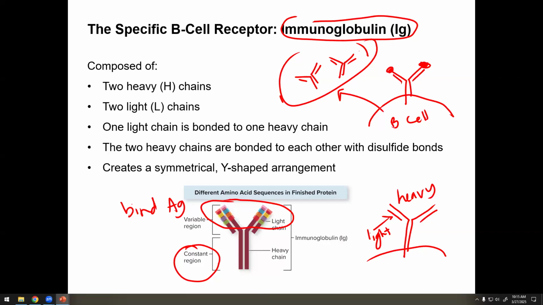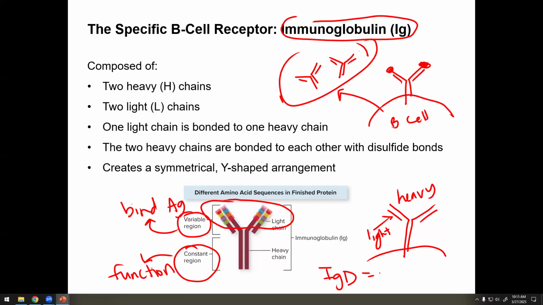But basically, the variable region determines what antigen you're going to bind to. The constant region determines what functions you can have in the body. Okay, so the variable region binds to antigen. The constant region controls the function of that immunoglobulin. If we have an immunoglobulin type D, for example, which we would call IgD, that is the receptor version.